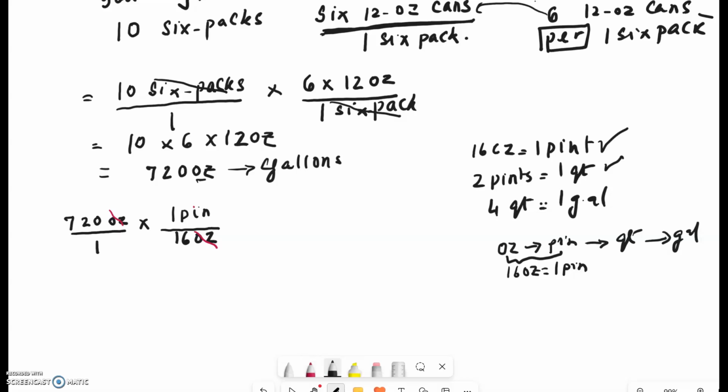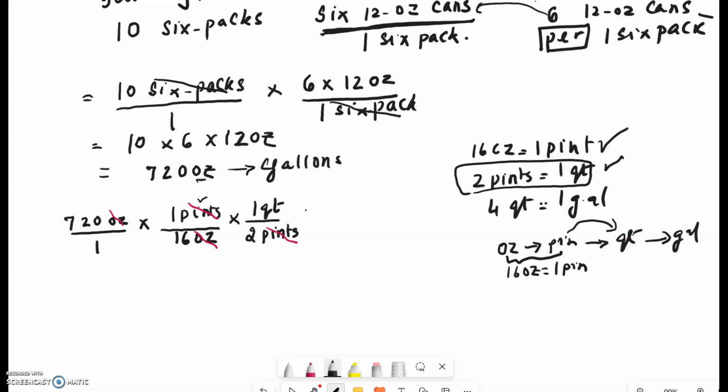Our next step is to go from pints to quarts. Since we have the volume in pints now, we use the equation 2 pints equals 1 quart. So we put 2 pints in the denominator and 1 quart in the numerator, and the pints get cancelled and we're left with quarts.